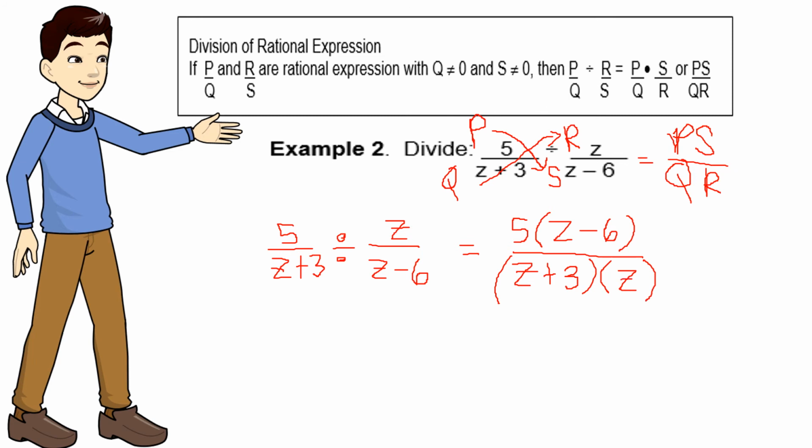Okay, and then same procedure, distributive property, gagawin tayo ng 5z minus 30. So dito wala tayong ika-cancel kasi wala namang common terms sa ating numerator and denominator.